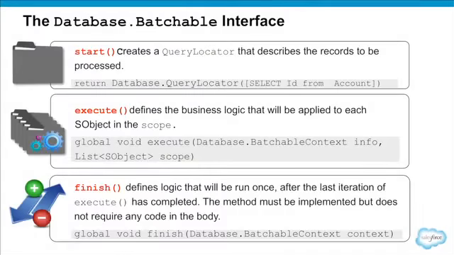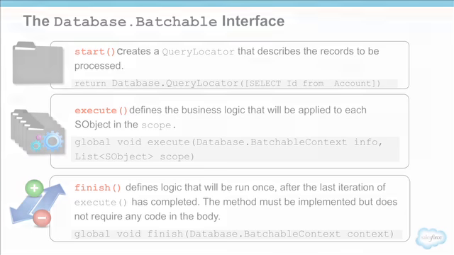Within the batchable interface are three methods. There's the start method, which is all about collecting the records that you want to process. There's the execute, which is then going to perform the modifications that you'd like to make to those records. And then the finish, which is executed at the very end.